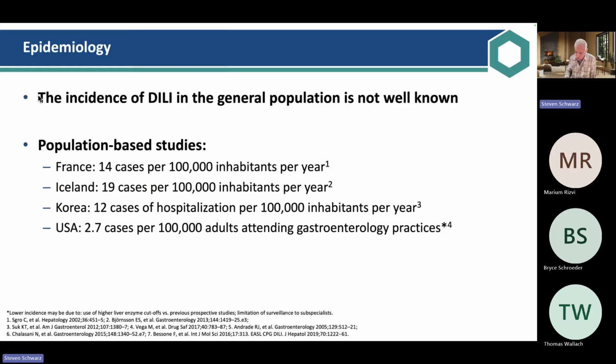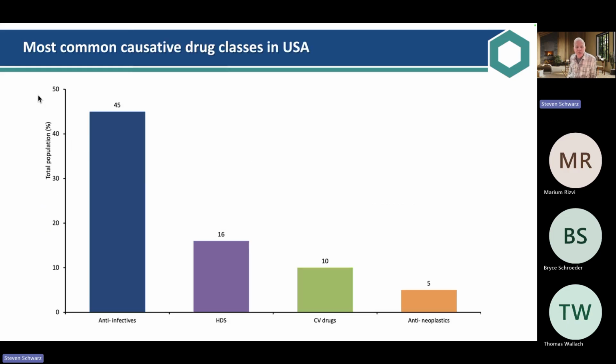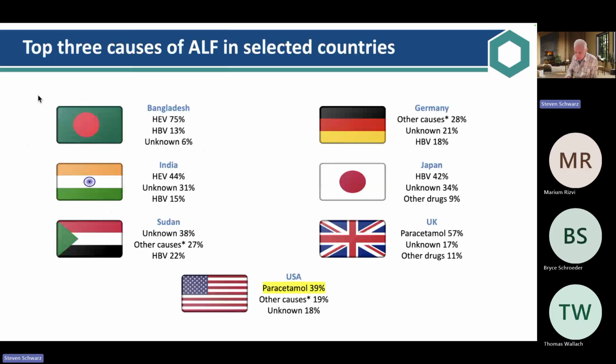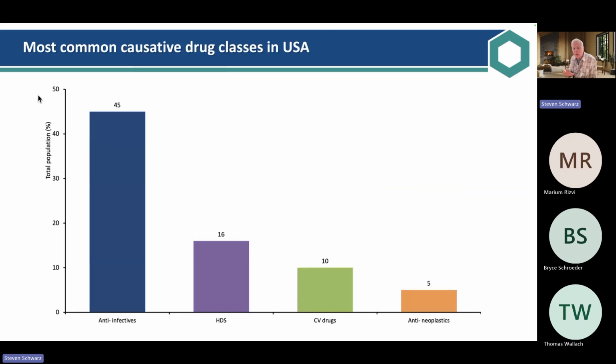But the estimates are shown here. And if we look at the most common causative drug classes in the USA, now we're talking about liver injury, not acute liver failure. This slide was acute liver failure.